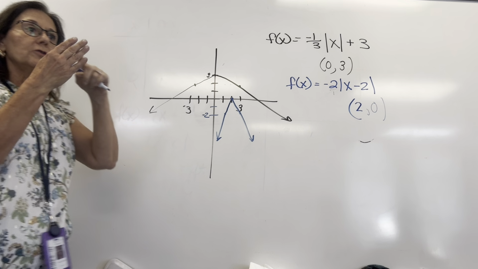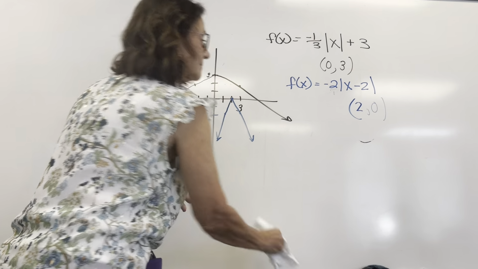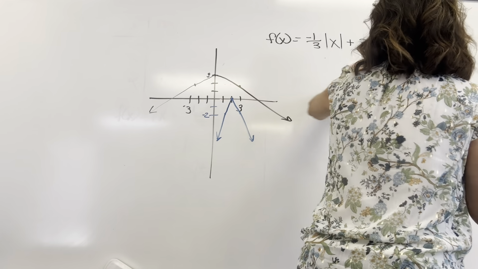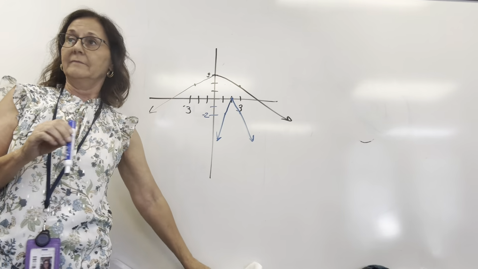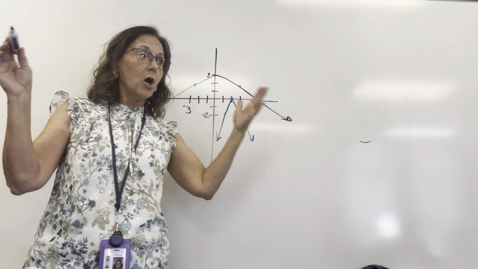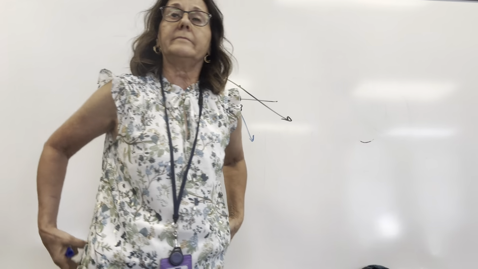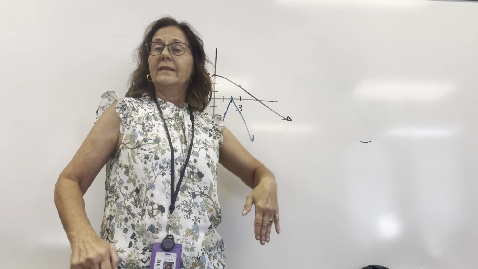All right, so we have 4 transformations. We can move that vertex from 0, 0 up, down, left, or right. We can change the slope of the sides of the V. And we can reflect it across the x-axis.